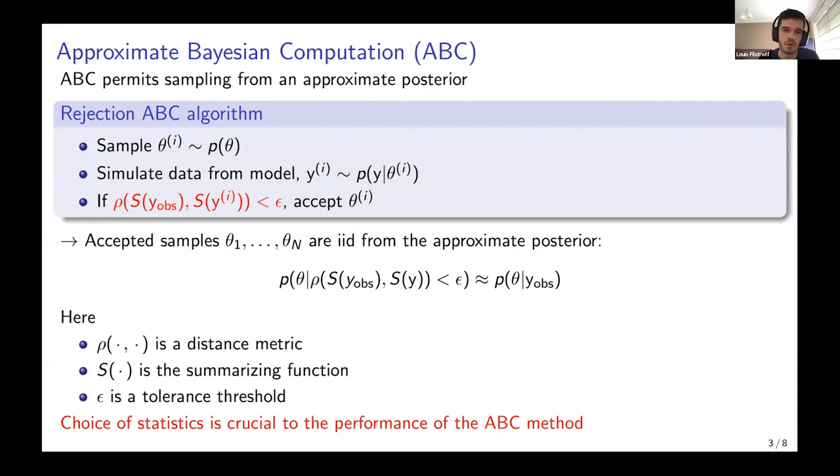So the whole ABC methodology requires choosing several things. First of all, this distance metric, rho, then these summarizing functions, or as I was saying before, the summary statistics S that you use to summarize the data, and the threshold epsilon. Today we are going to focus on the choice of these summary statistics, which is crucial to the performance of the ABC method.